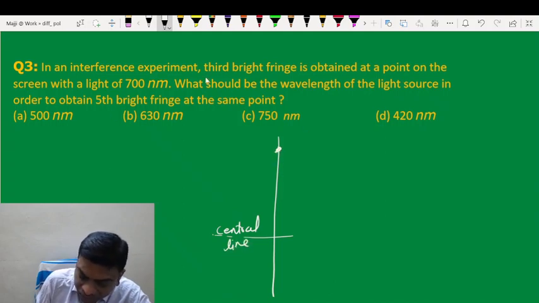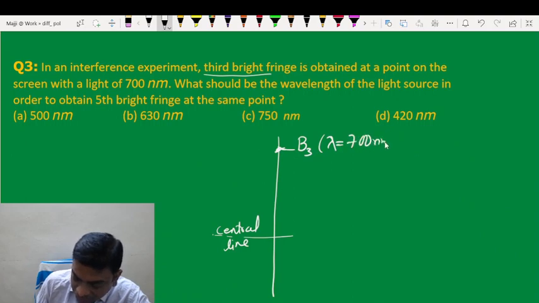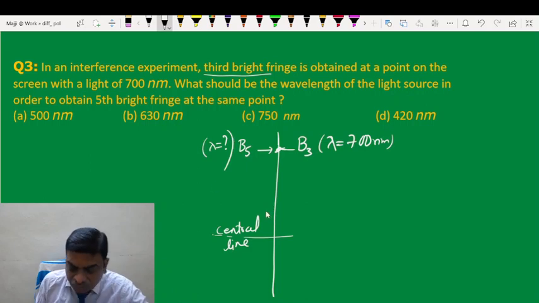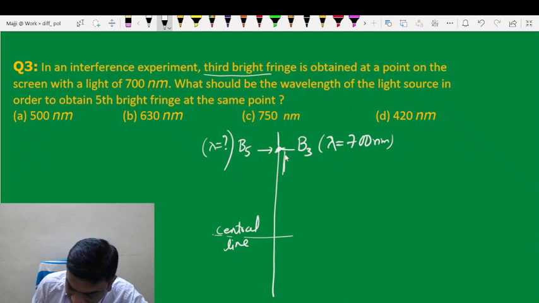It's clearly given, third bright fringe of 700 nanometer is obtained there. And we want the fifth bright fringe of some new lambda, which we don't know, at the same position. So this should be the same for both.